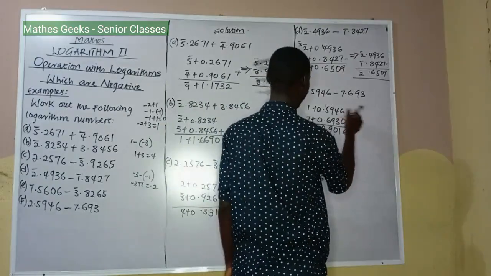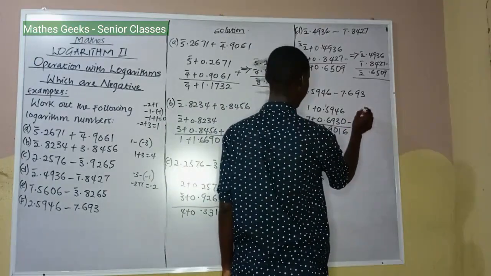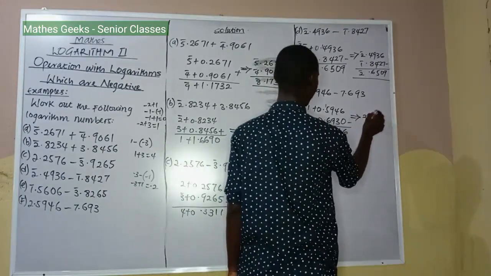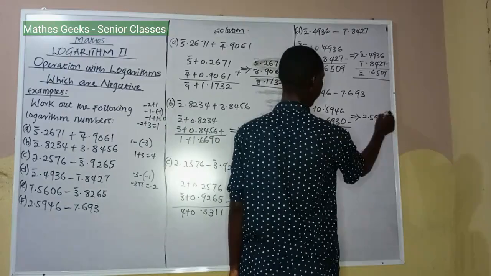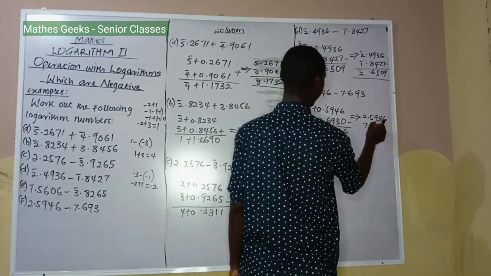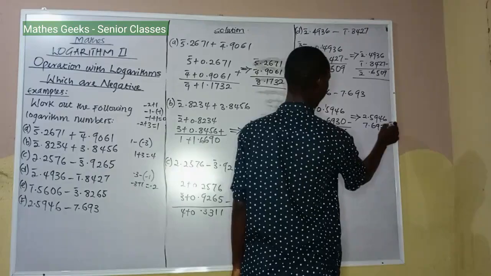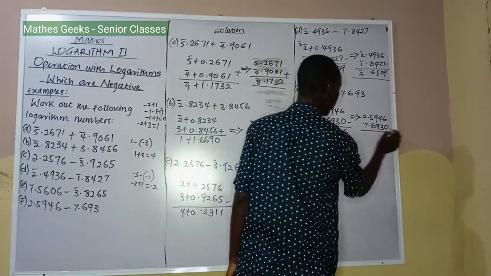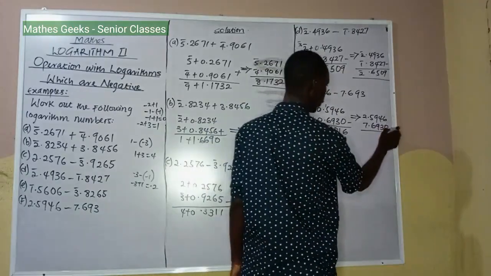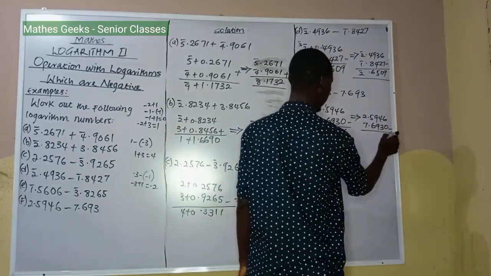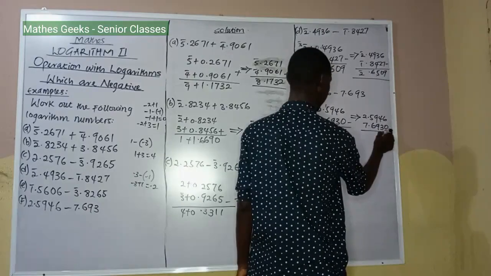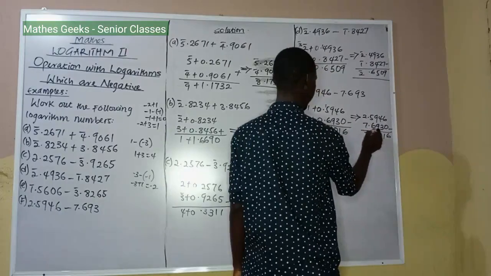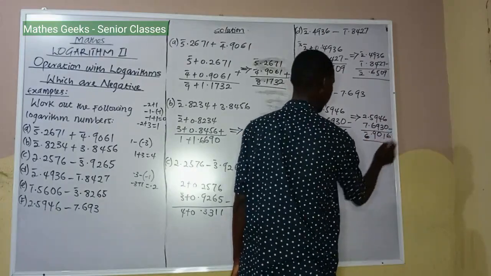So this implies that 2.5946 minus 7.692. Let's fill it up by putting 0 in the empty space. So when you subtract, it gives us 6, 1, 0, 0, 9.6. That's the final answer.